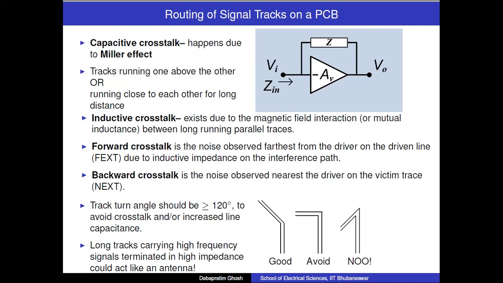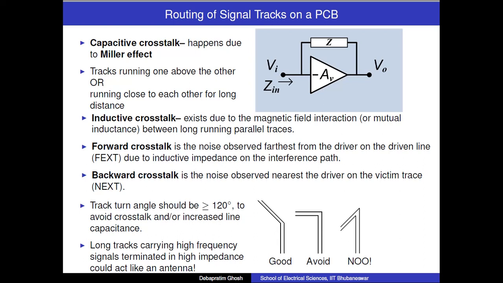Now, when you are routing signal tracks, there will obviously be times when you have to bend. The bend should preferably be circular, or the angle for the bend should be between 120 and 180 degrees, and avoid 90 degrees or something below it. Why?